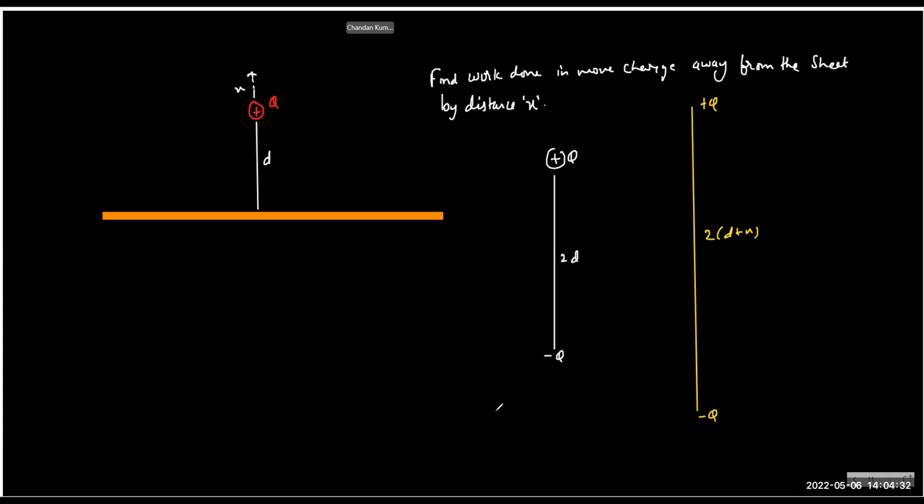So the potential energy in the initial situation is how much? You can find the potential energy formula: minus kq square by 2d. But the potential energy finally will be how much? Minus kq square by 2(d plus x). So change in potential energy is how much?